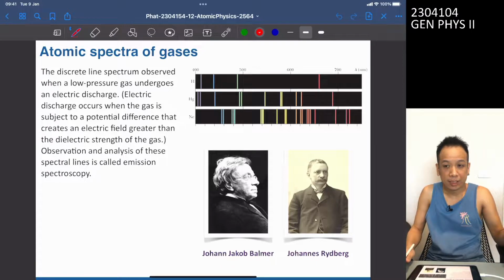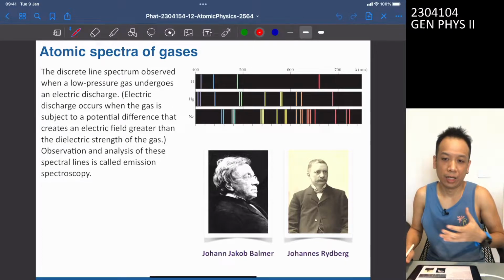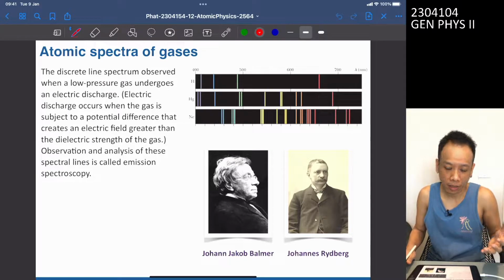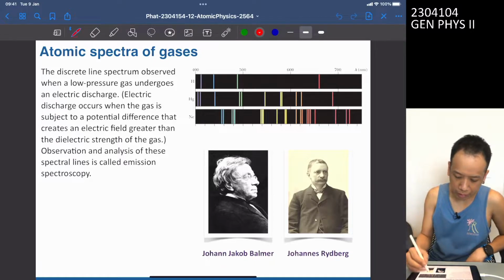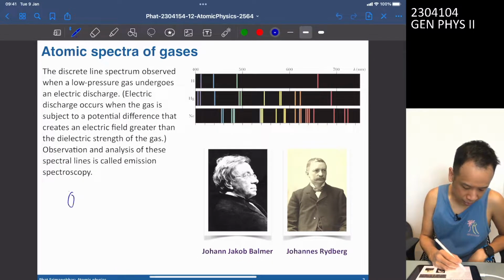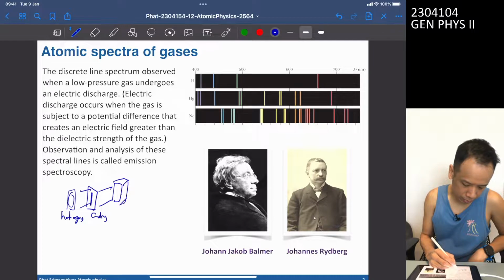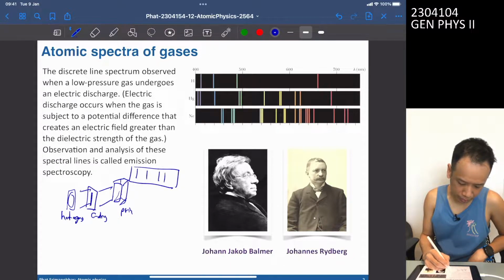In the 18th century, we started to know the spectrums. There are several experiments to show the spectrum. For example, if you have a hot gas, then the light from the hot gas passes through the grating, and then goes to the prism, and then on the screen you're going to see the light.